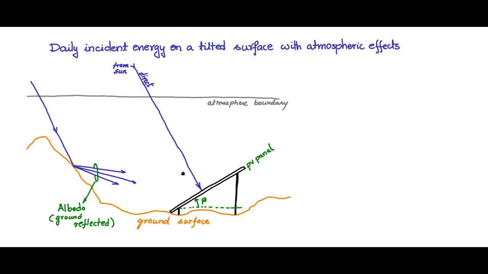So you see that there is this direct insolation falling on the tilted flat plate collector, and then there is this albedo effect, the ground reflected effect, also coming onto the collector. And apart from that, there is one more important effect that comes into the picture, and that is the diffused radiation.